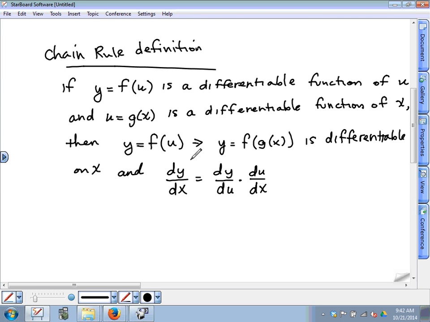Now, this definition doesn't make it quite as clear as this definition, so I want you to write this one as carefully as you can. Or the derivative with respect to x of f.